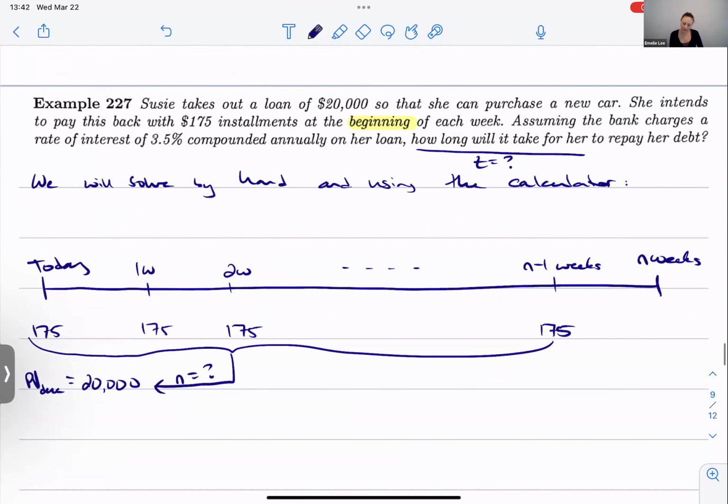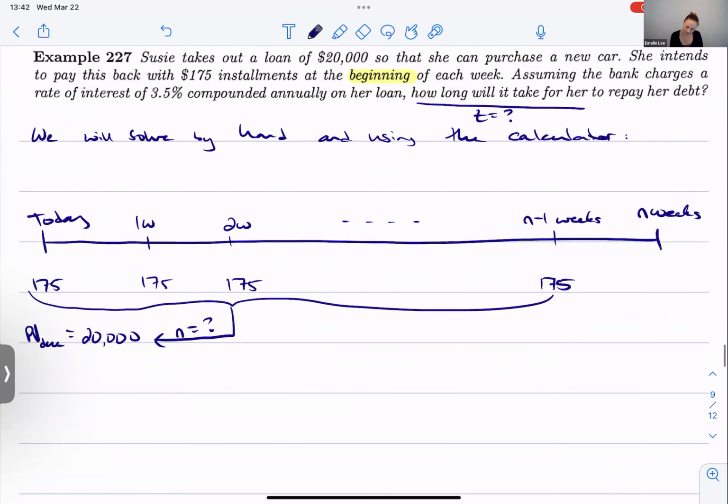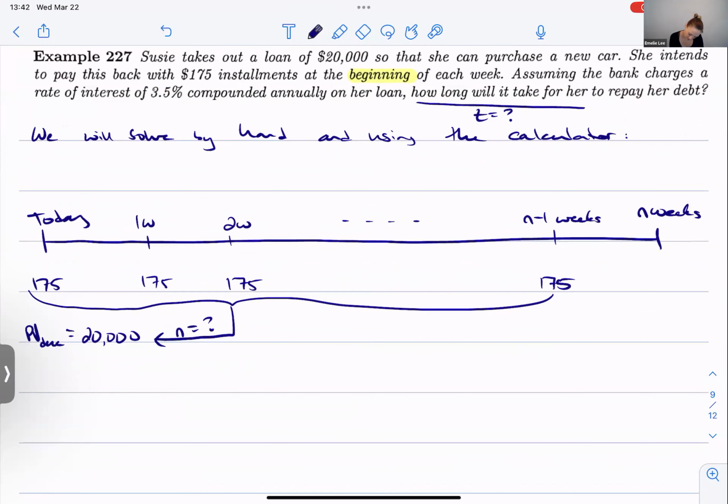So we need the F2, which is the payments per year, is beginning of each week, so 52 payments per year. F1 is the compoundings per year, compounded annually, and R is 0.035.